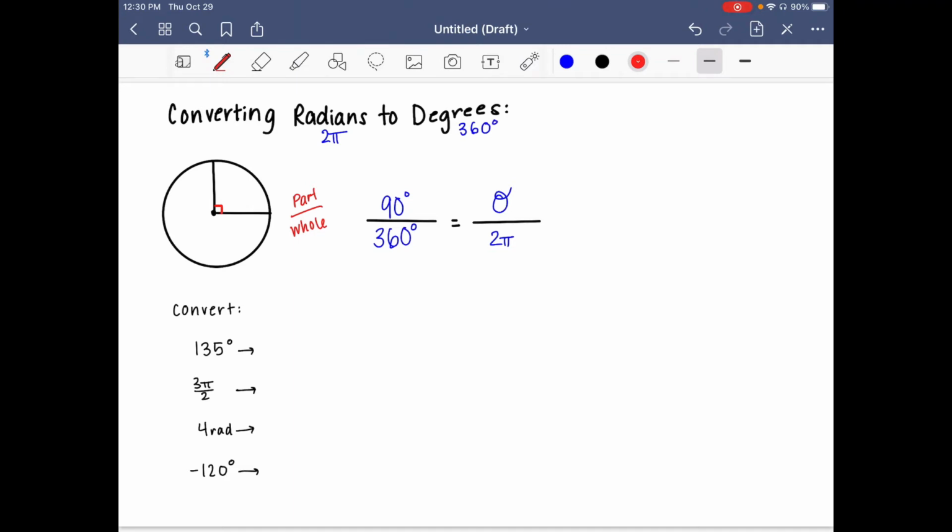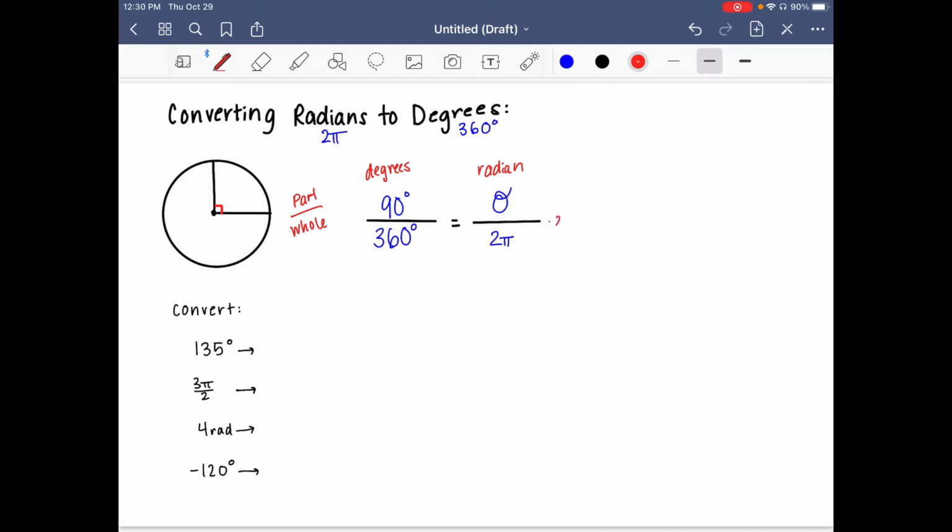In radians, we don't know what it is yet, but it's something out of 2 pi. So this is just my degrees side, and this is just my radian side. So it's important that I keep the degrees on the same side and my radians on the other side. Now I can use whatever I want to do. I can cross multiply, or I can just think about solving right here for my angle.